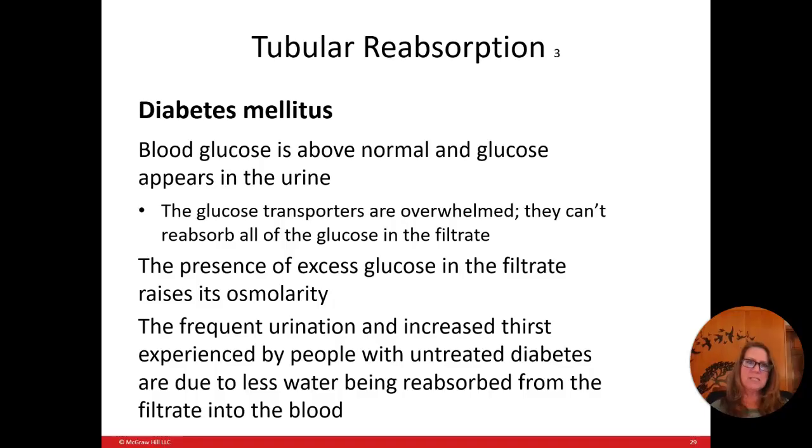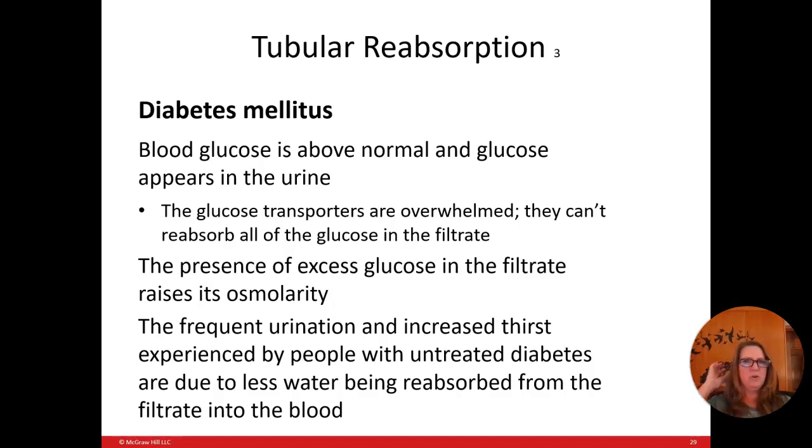Okay, let's talk about diabetes. So what you already know about diabetes mellitus is that essentially a person's going to have blood sugar above normal, and one of the simple tests is doing a urinalysis. And if there is glucose in the urine, that tells us that the body is not metabolizing the glucose properly, so it is, quote, spilling over into the urine, which essentially means that it's going to become part of the filtrate, and eventually then it's going to be part of the urine.